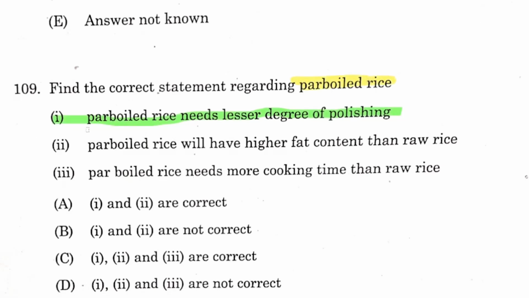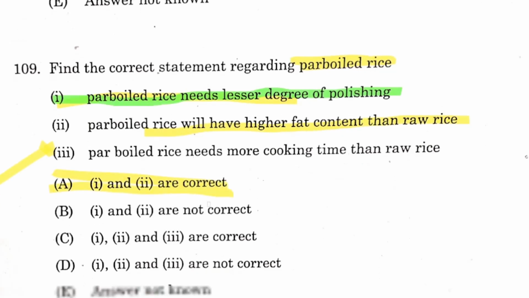So statement number first is correct: parboiled rice needs a lesser degree of polishing. This is correct. Next, parboiled rice will have higher fat content than raw rice. That is true. But parboiled rice needs more cooking time than raw rice. No, this is a wrong statement. So here option number A, first and second statements, are correct.